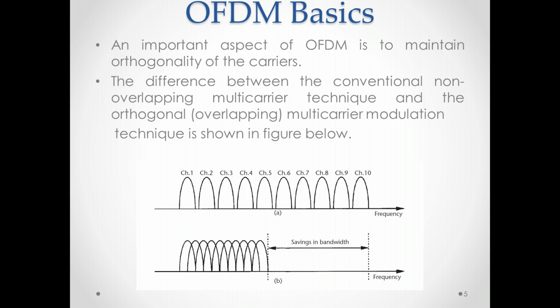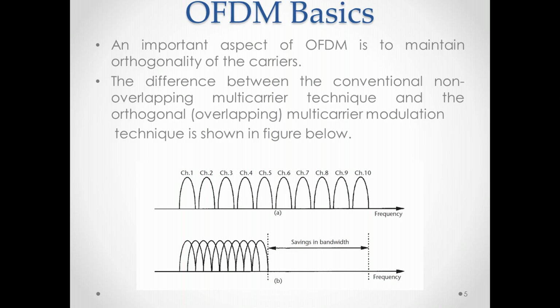And what happens is, to avoid inter-carrier interference or adjacent carrier interference, we usually end up using some sort of frequency guard bands. This will reduce the spectral efficiency and the available bandwidth is not used completely. However, this problem is tackled when the overlapping multicarrier modulation technique is applied.